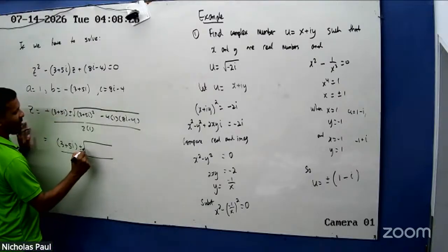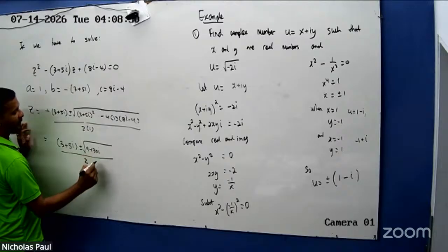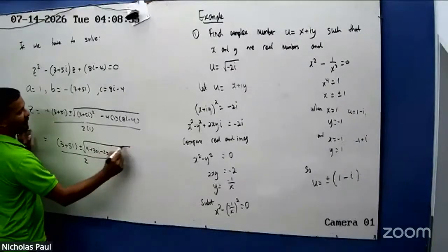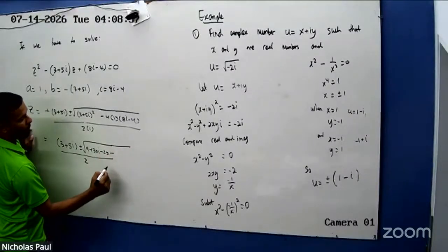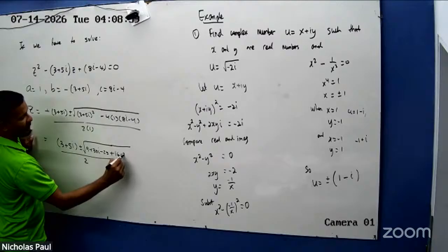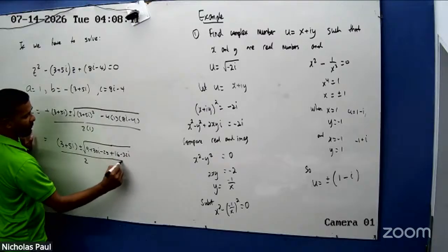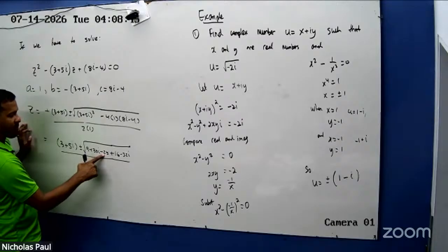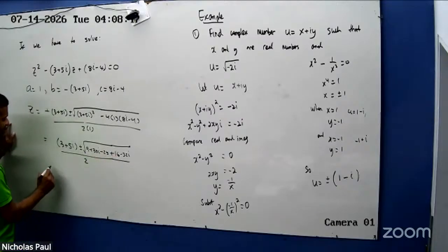So we have here 9 plus 30i minus 25, plus 16 minus 32i. Right? 9 minus 25 is minus 16, plus 16, that's 0.